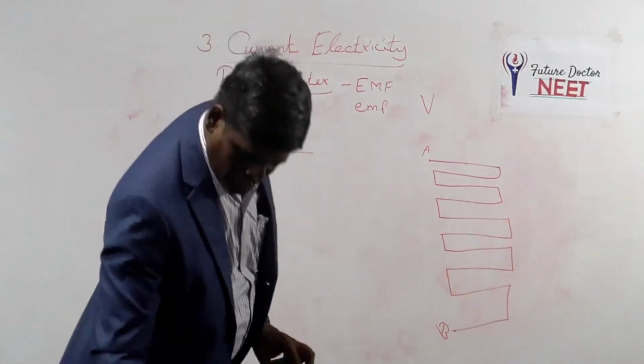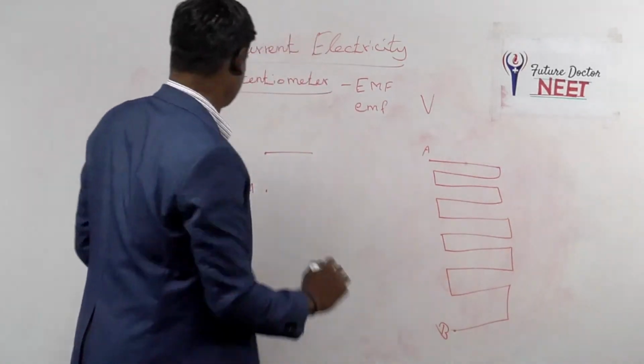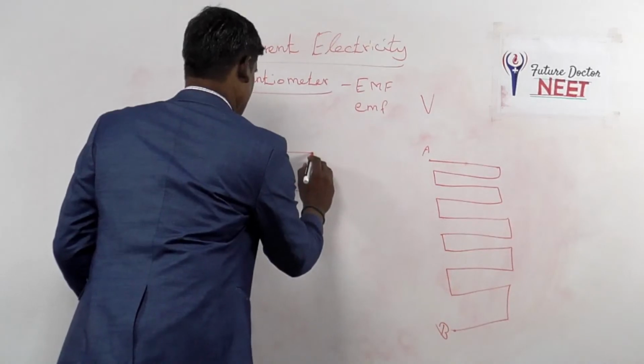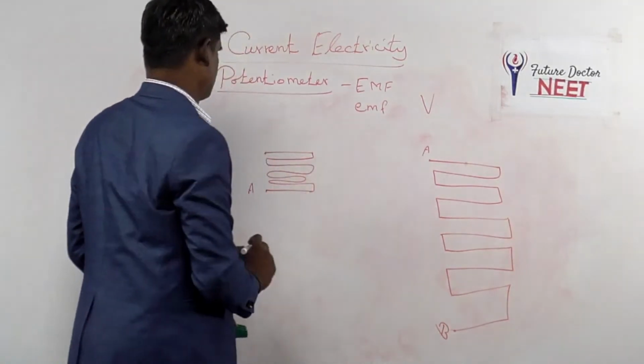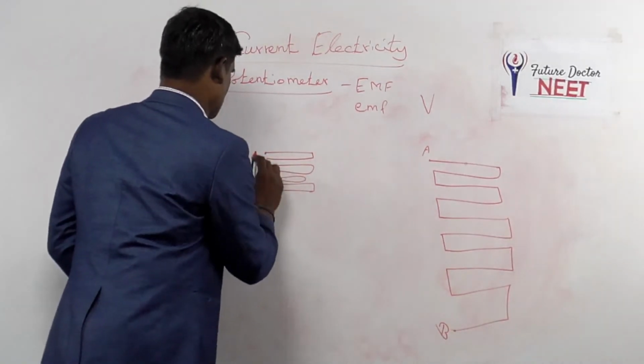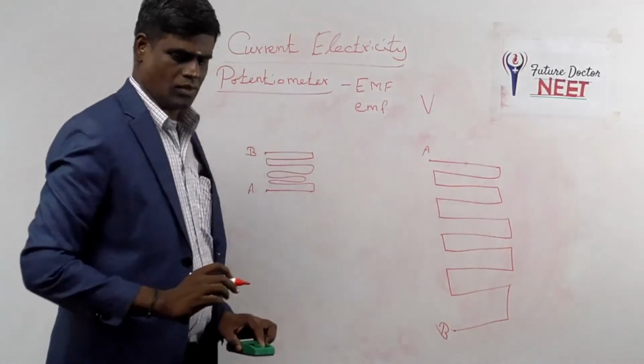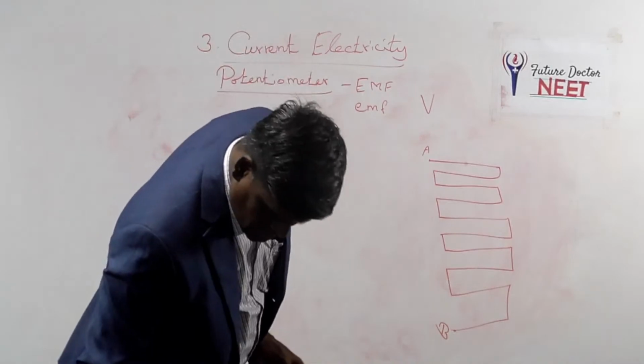A will be here, that will be best. This is A, B. This way is easy to understand.